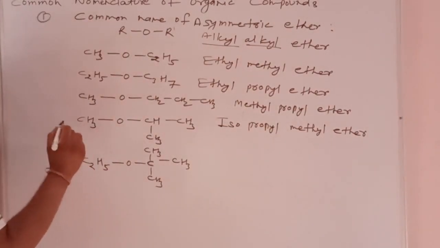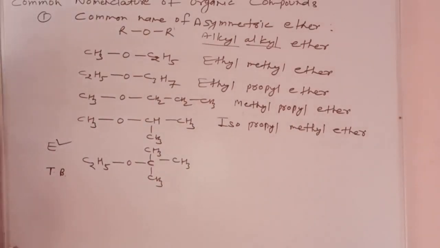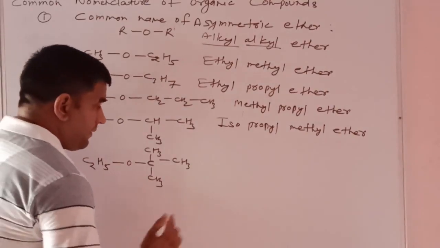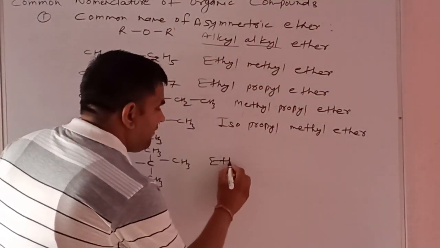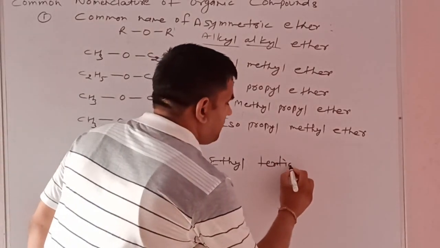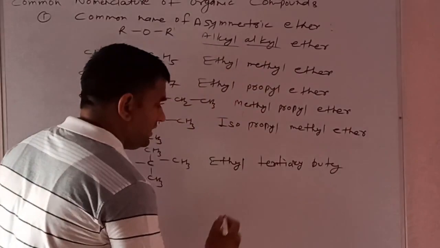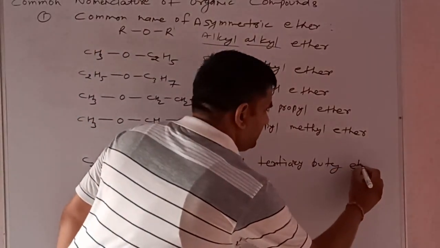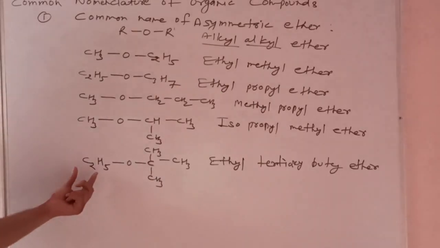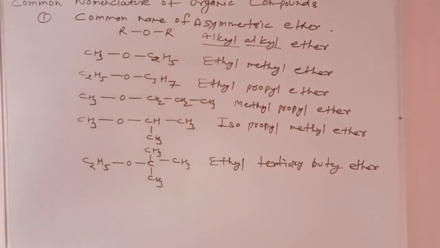So we use ethyl first. So the common name of this ether is ethyl tertiary butyl ether.